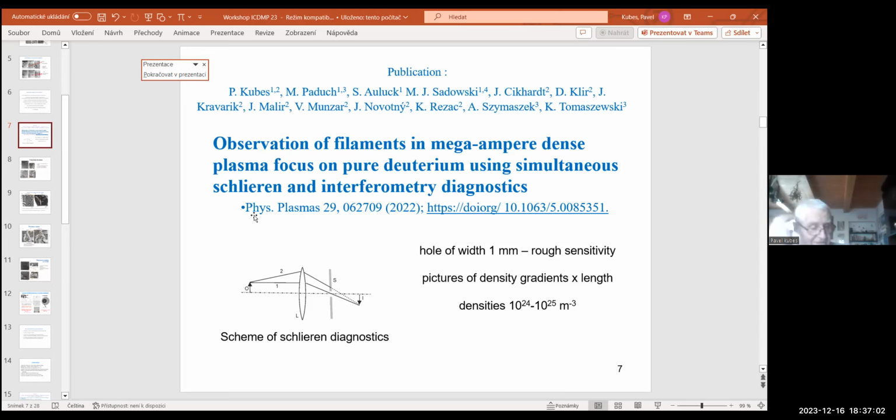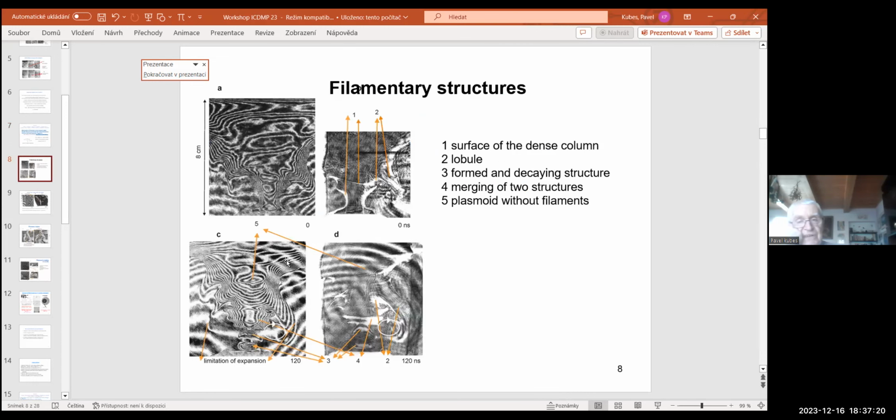For this diagnostic, we use a small pinhole, 1 millimeter pinhole, and one from pictures, from interferometric pictures. And in this case, we observe filamentary structure in some regions.